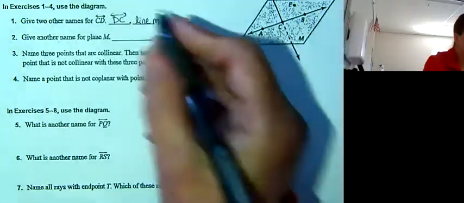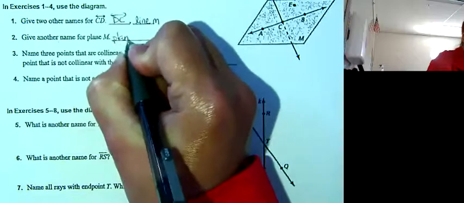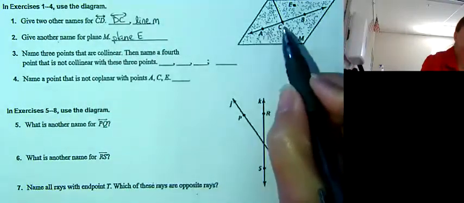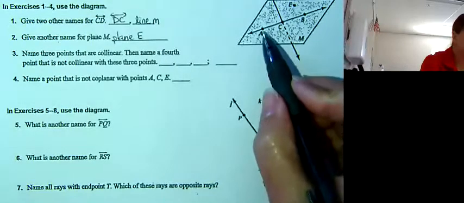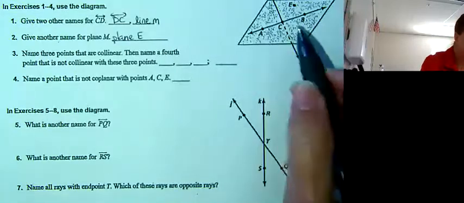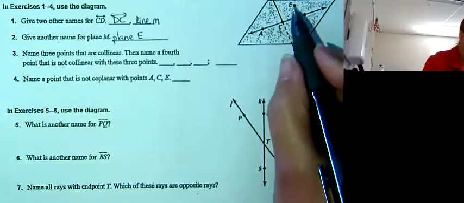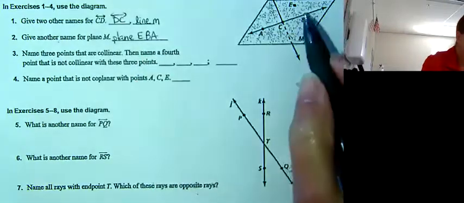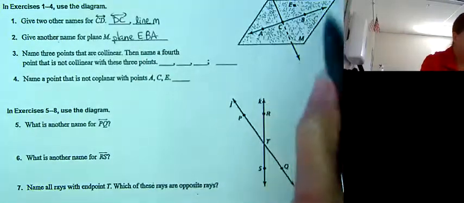So we know we're going to have E somewhere in this. And then I just need to choose 2 points that are on this line. So I can choose A and C, or A and B, or C and B, and I can make those in whatever order. So I'm just going to name this plane E, B, A. So I know that all three of those are on this plane.